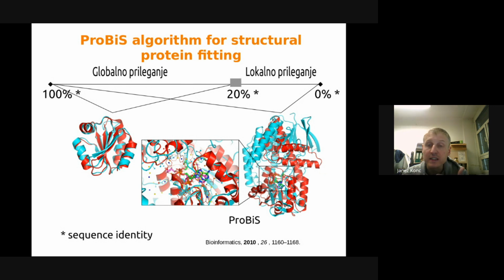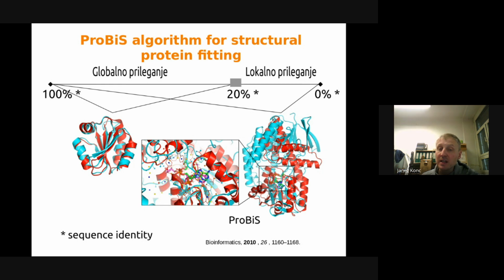Here, on the right side, we actually found a similarity between proteins with totally different folds, which share a similar binding site. So local similarity can go far beyond similar folds, and can discover local similarities even in proteins that do not resemble each other on the global scale.